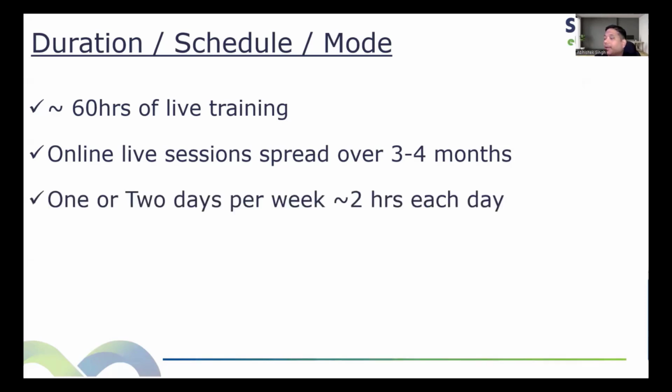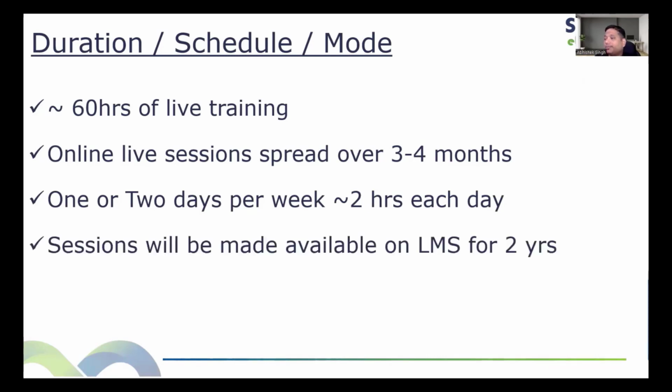We'll conduct it either once or twice a week, depending upon the availability of the people. We'll fix it after we form the batch. Roughly 2 hours each day, once or twice a week, is what we'll target. Whatever recordings there are, you will have access for 2 years.